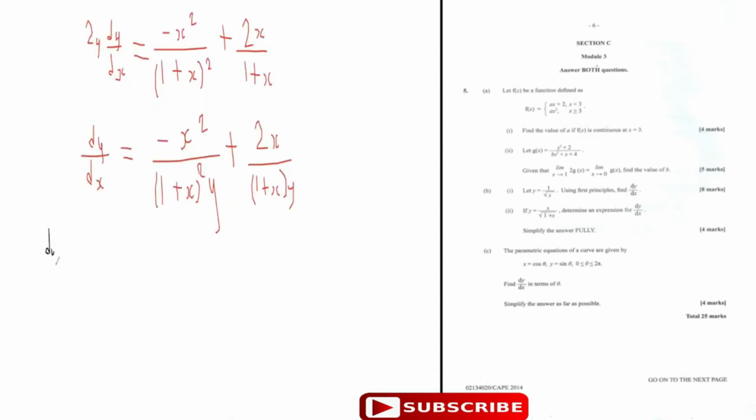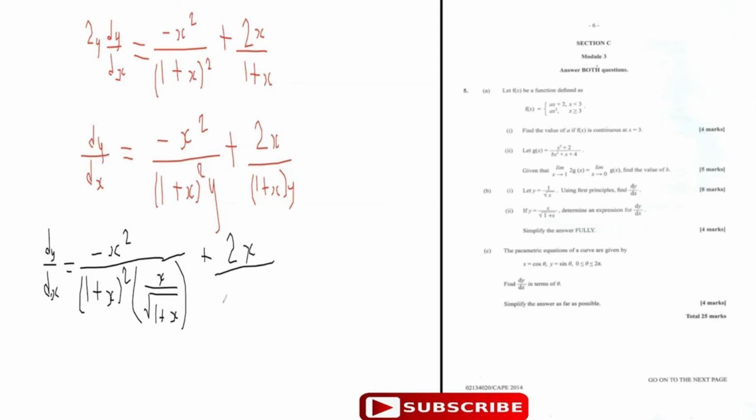It's a good thing we didn't do it implicitly. It's actually a longer method. So we get that dy by dx will be minus x squared over (1 plus x) all squared times y now, and remember y in this case is x over the square root of 1 plus x, plus 2x over 1 plus x times y, and y would be x over the square root of 1 plus x.